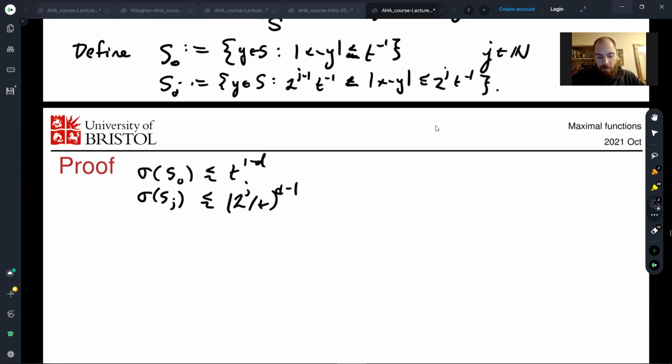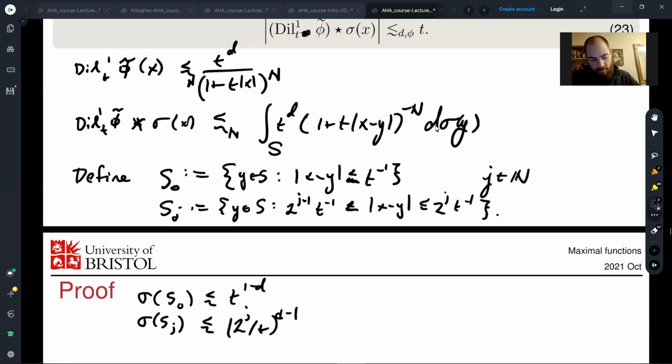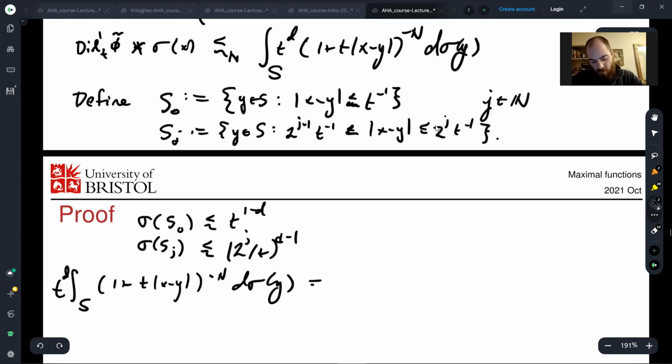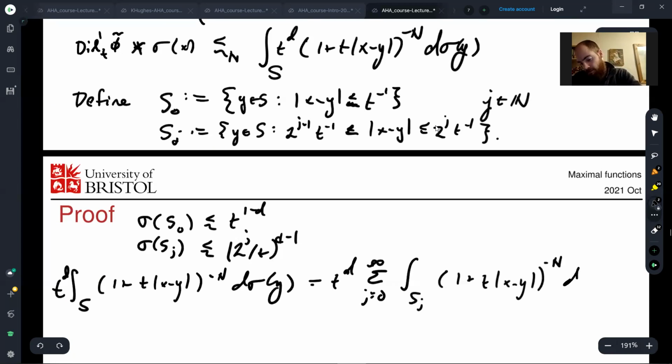And we plug that into this expression here. So we had the integral over S, well, t to the d I can pull out, 1 plus t|x minus y| to the minus n, d sigma of y, which is actually equal to t to the d, the sum over j from 0 to infinity, the integral over S j of 1 plus t|x minus y| to the minus n, d sigma of y.